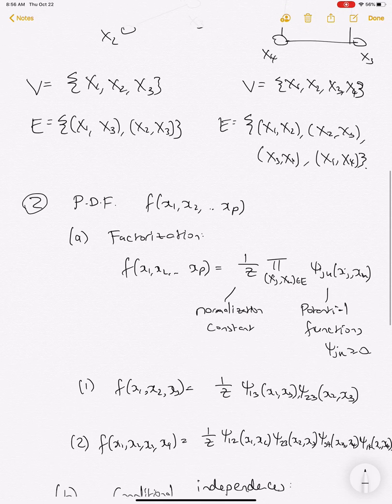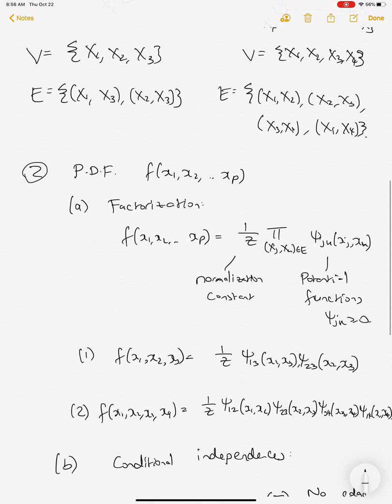Then in terms of the distribution of this p-variate distribution, as we remember, there are 2 components. There's this notion of factorization: how does the distribution factorize? And then there's also this notion of conditional independences or dependences. For undirected graphs, the factorization is not as easy to define as it is for directed acyclic graphs.